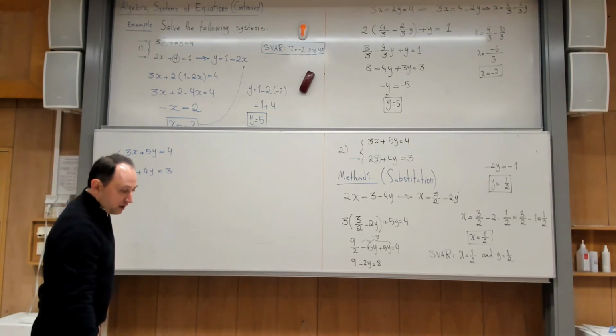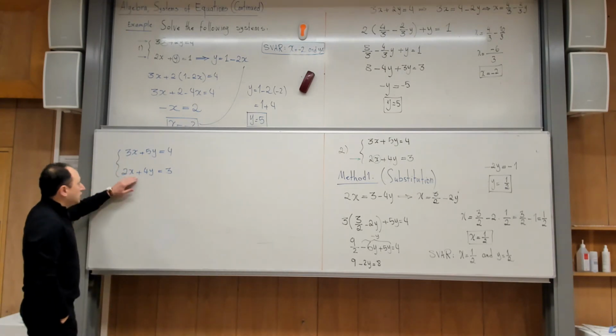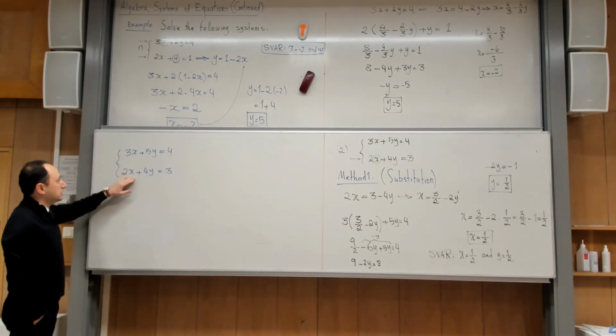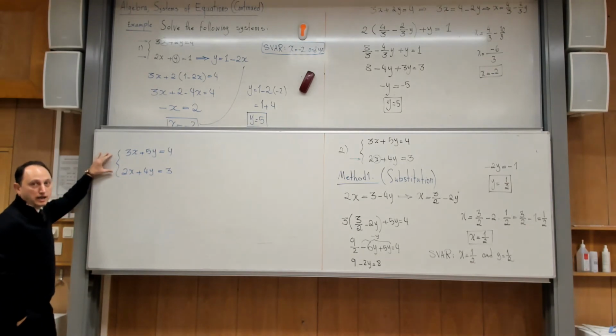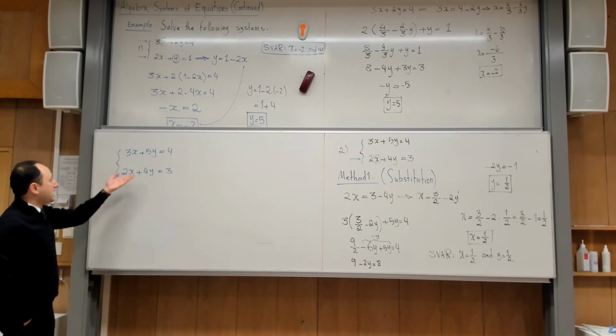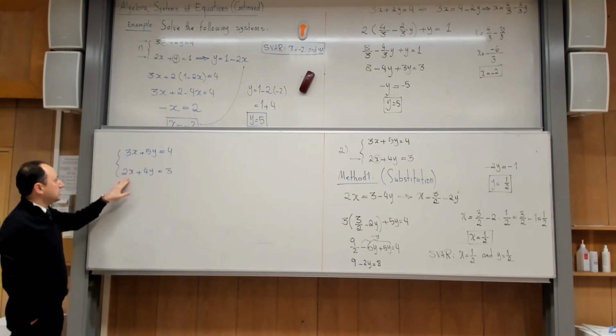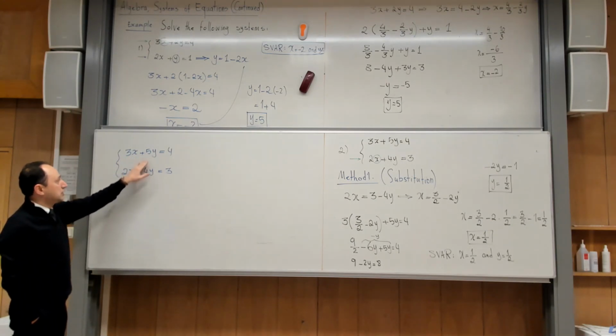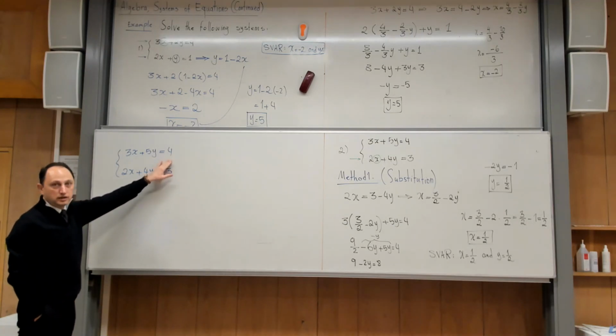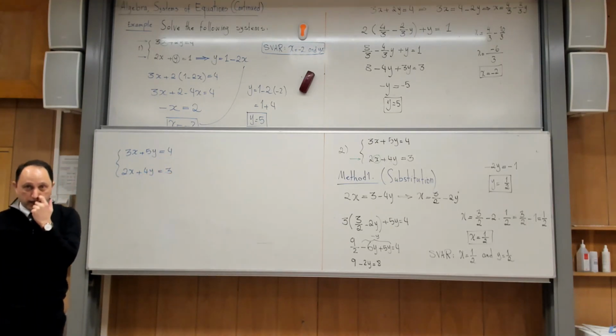Here I want to multiply one or sometimes both equations by appropriate numbers, with the aim of getting rid of one of the variables. You need to have this in mind. If I add them side by side right now, I will not be able to get rid of one of them, because if I add them, it becomes 5x plus 9y equals 7. Still, both x and y are there.